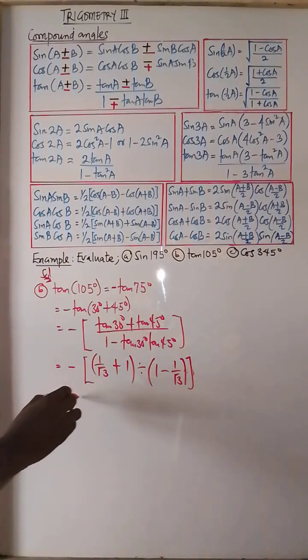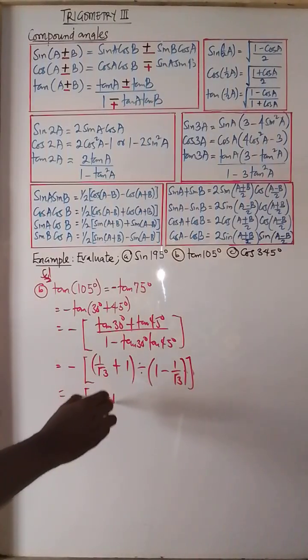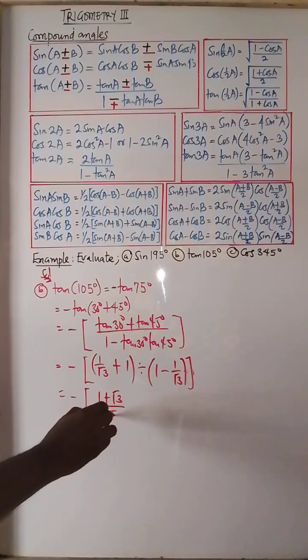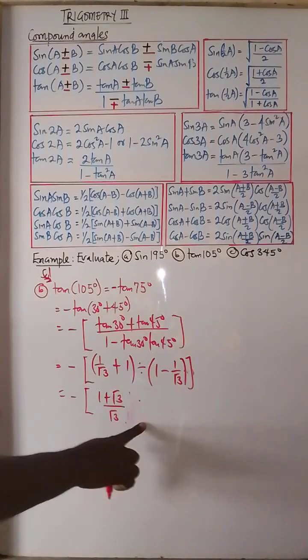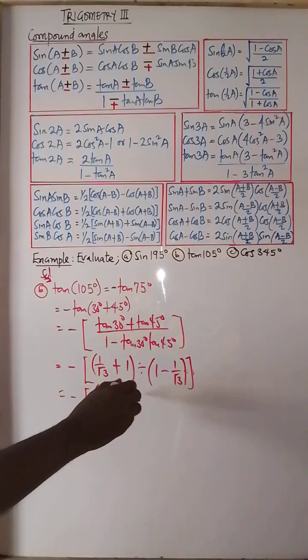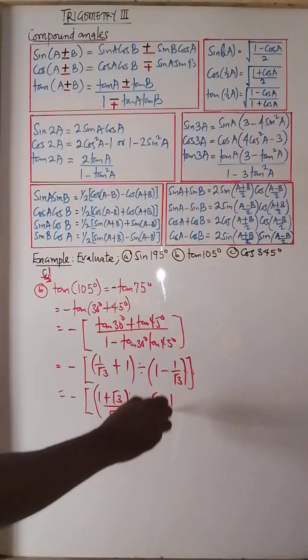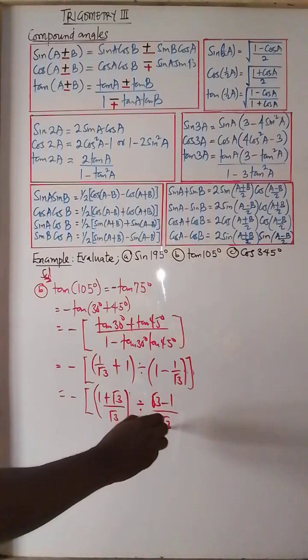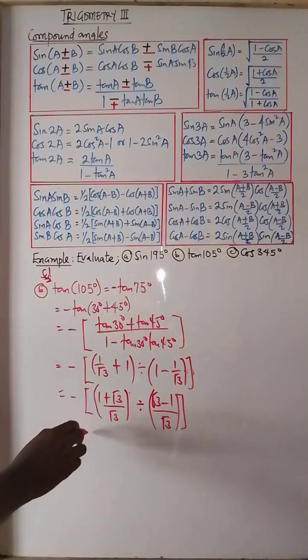So this becomes negative. This one will be 1 plus root 3 divided by root 3, divided by root 3 minus 1 over root 3. So what is left?